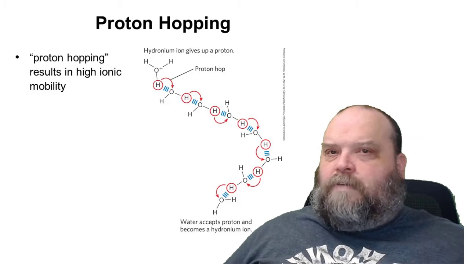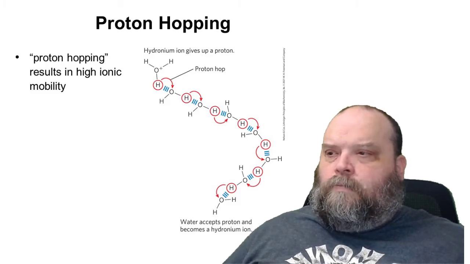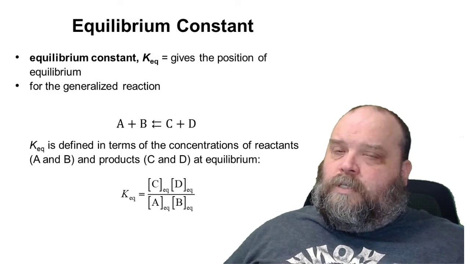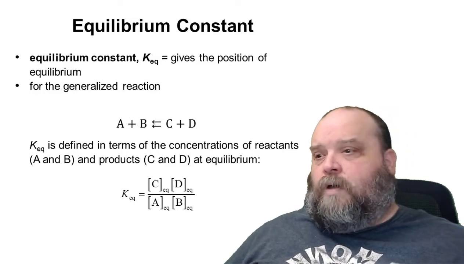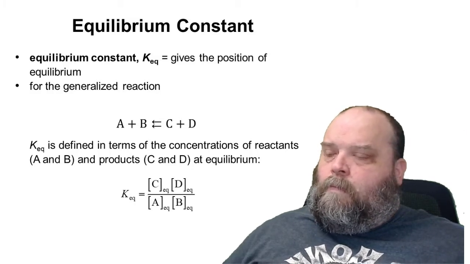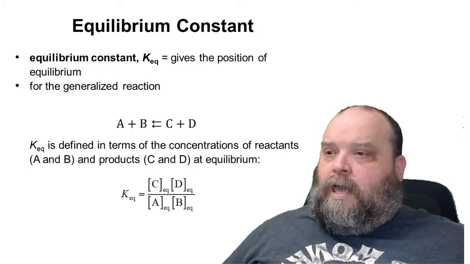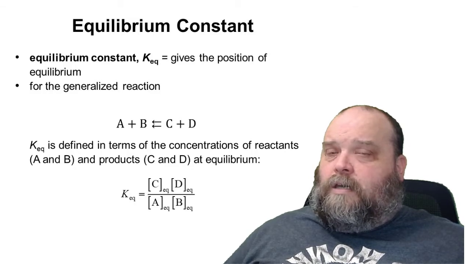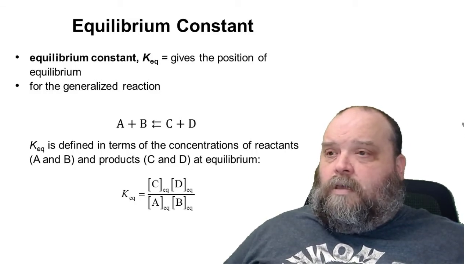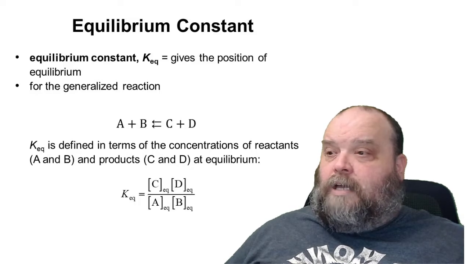So we have to have a way to discuss it. AB produces CD, CD goes back to AB, back and forth, back and forth. Well, just that AB here is water, CD here is the free hydrogen, the hydrogen ion, and the hydroxide ion.